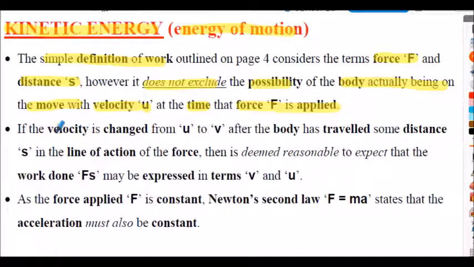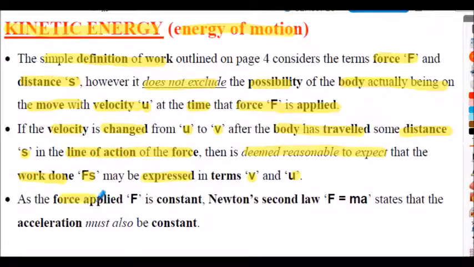If the velocity is changed from u, initial velocity, to v, final velocity, after the body has travelled some distance, labelled s, in a line of action of the force, then it's deemed reasonable to expect that the work done, F multiplied by s, could be expressed in terms of the velocities v and u.